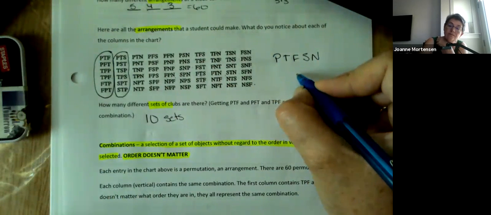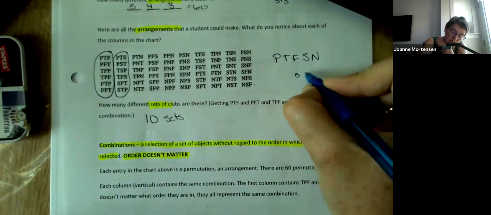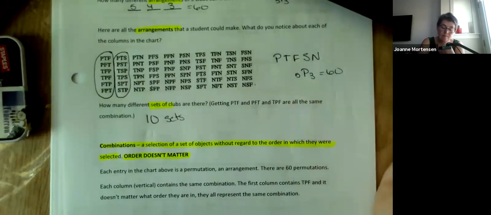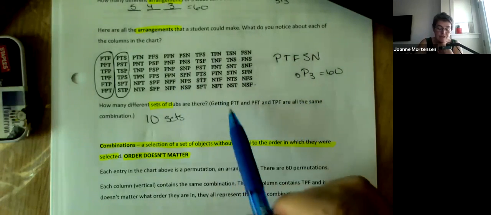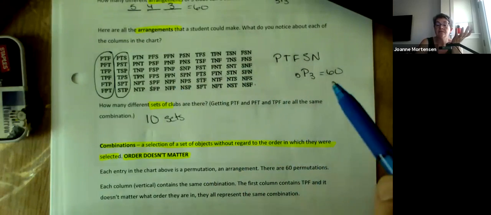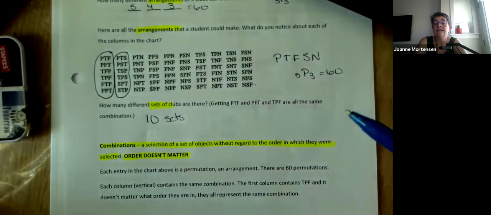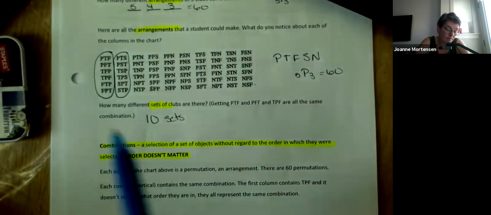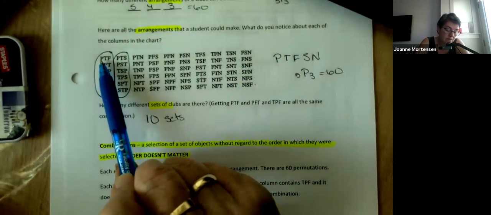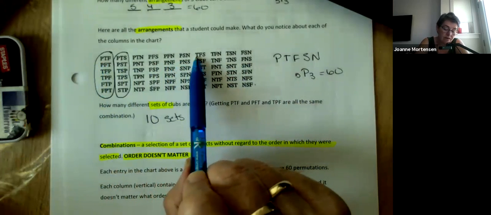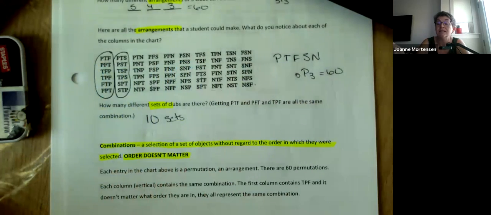So 5 permute 3 is 60 different arrangements, but when we actually look at it, there's only 10 different ones you can get. So you've got a putter, a 3, and a 5. And if you go over here, there's no putter involved, so that's going to be a different combination.